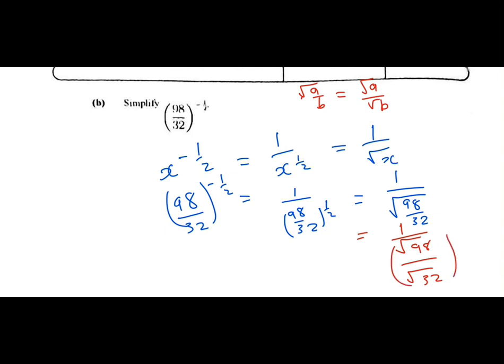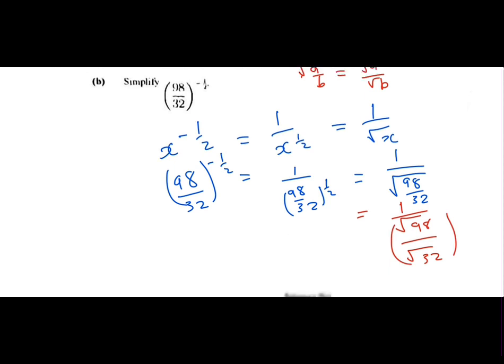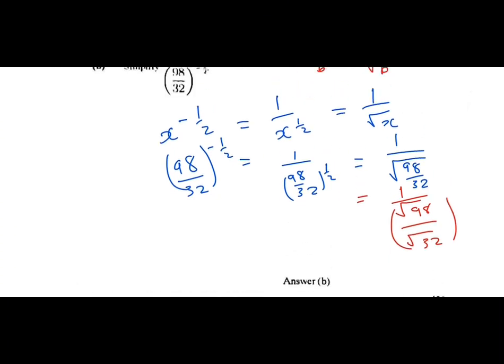Okay, so here it's simple. We can find the square root of 98 and the square root of 32 by doing the following. We find the square root of 98 on the side. The square root of 98 equals the square root of 2 times 49, which equals the square root of 2 times the square root of 49.